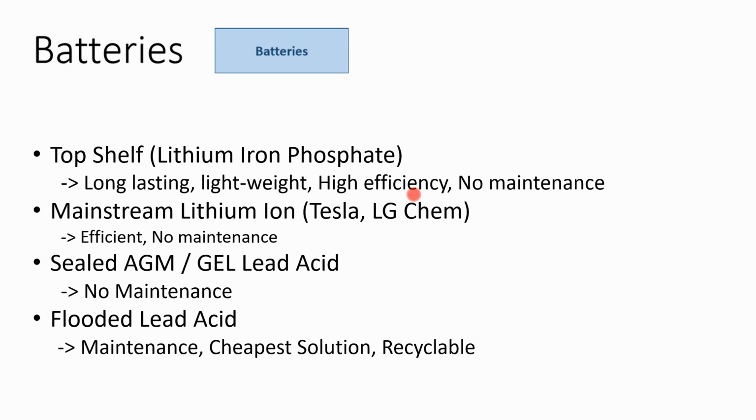The more efficient and the lower cost the battery gets per cycle, and over the long term, absolutely there are advantages for going with a higher end, lower cost battery.